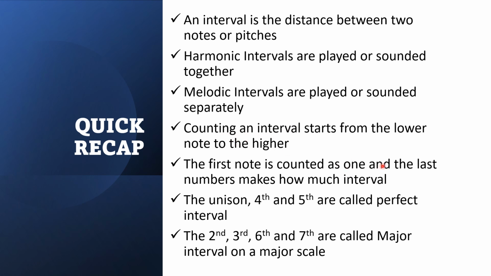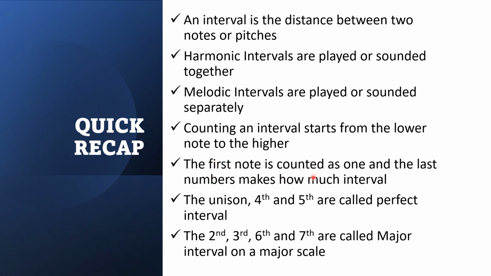We count our interval from the lower note to the higher note. If you take note of that, from C, D, E, F, G, that is a fifth interval, or from F, G, A. If you're playing on the key of F, F becomes your tonic, and you count F, G, A, which gives you a third interval. So you always count from below.